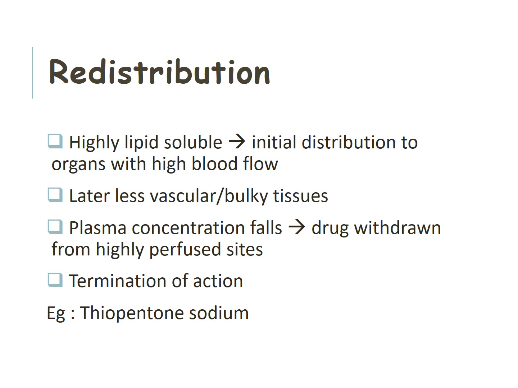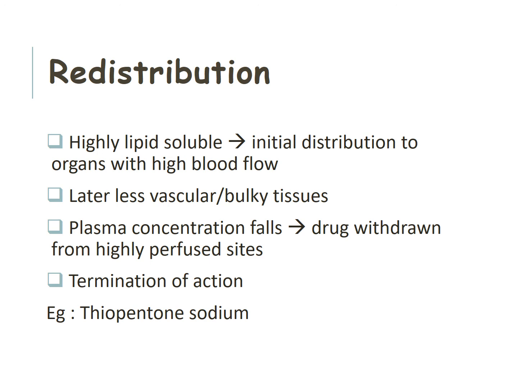Again, one more thing in distribution is redistribution. Highly lipid soluble drugs are initially distributed to the organs with a high blood flow. This is a summary of all the factors we have already discussed. Distribution depends upon the blood flow, the concentration of the drug, the affinity of the drug, and also the affinity of the tissues.